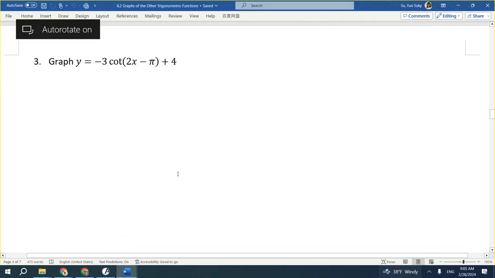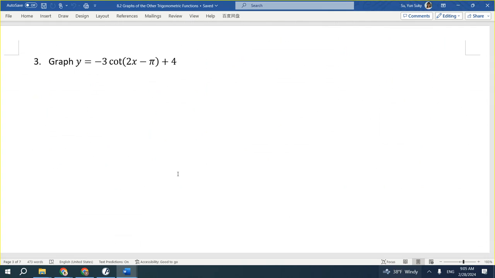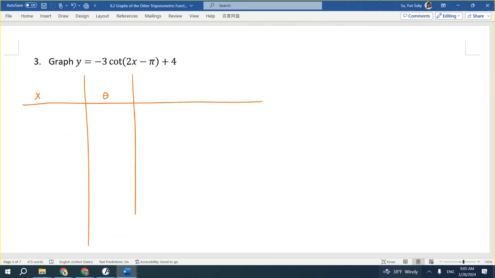For all the problems that ask you to graph a trig function, the method is almost the same. You draw a table with 4 columns: x, theta, and then the third column depends on the trig function.